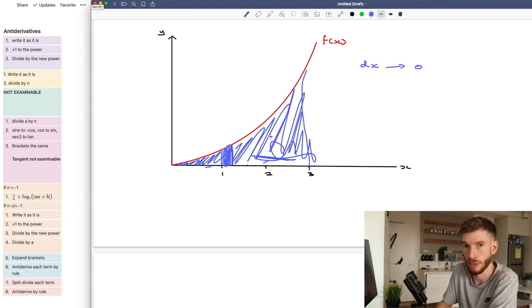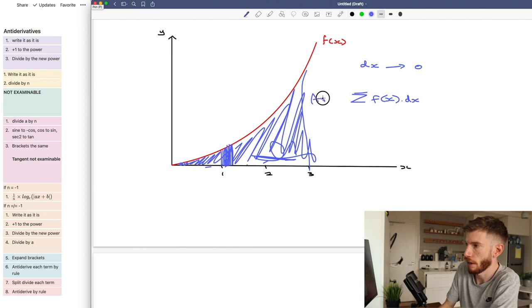And this is where then integration or anti-differentiation by rule comes in. The other thing to keep in mind is that if we were to add all of these, we're effectively saying the sum of f of x, the height, multiplied by some width, dx, so area is length times width for those infinitely small rectangles. And then we're adding up all of those areas, and this becomes the area under the graph.